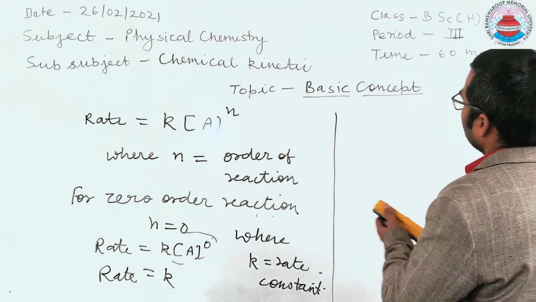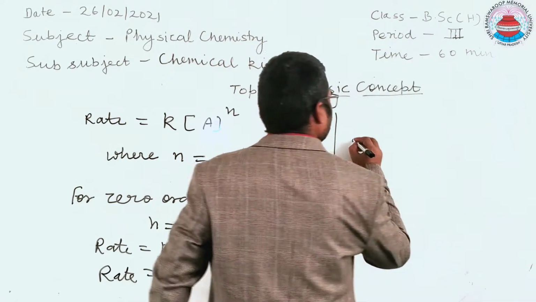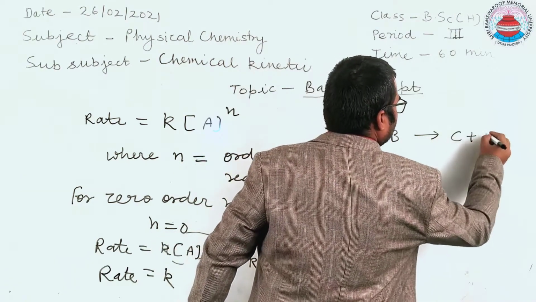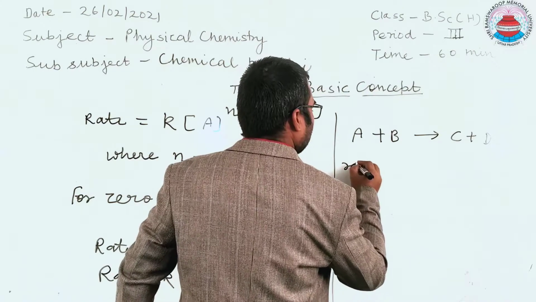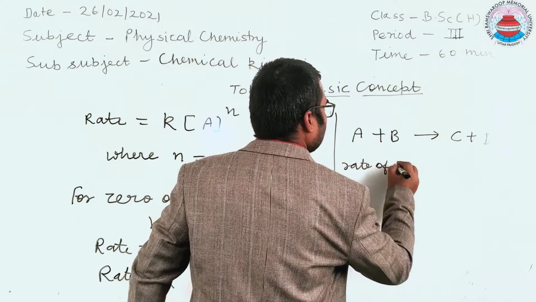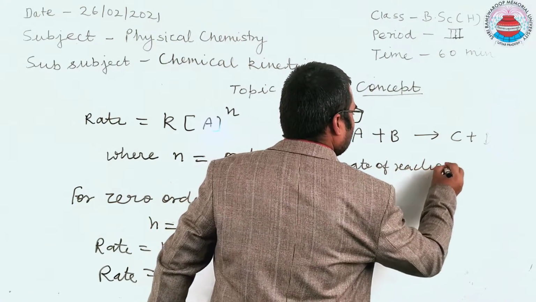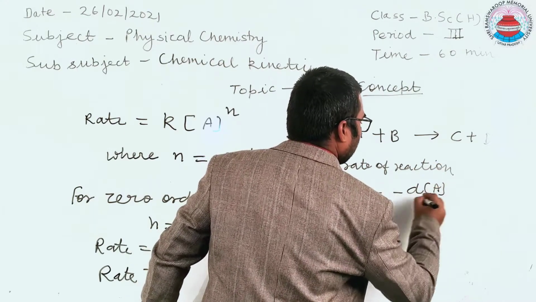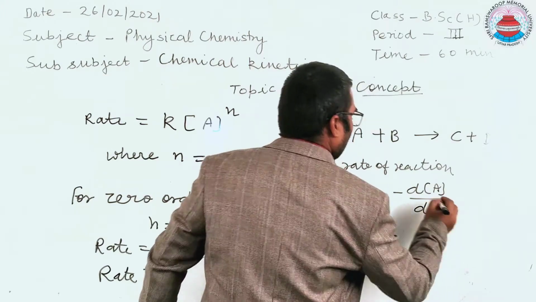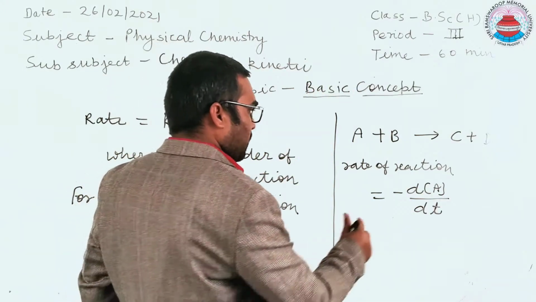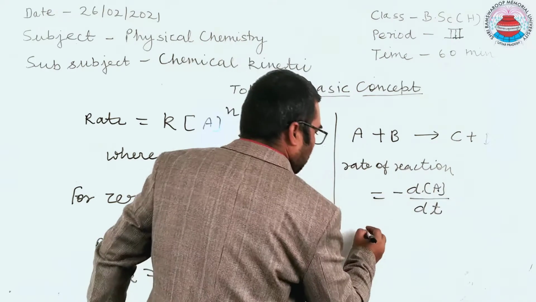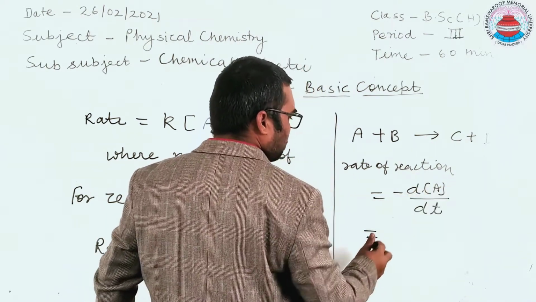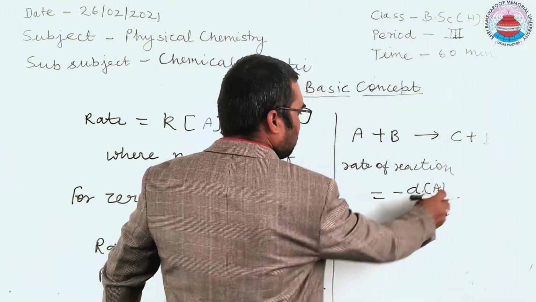Let us consider the equation A plus B is converted to C plus D. Then rate of reaction equal to minus dA upon dt. What is t? The value of this term is a molarity term, concentration in terms of molarity.